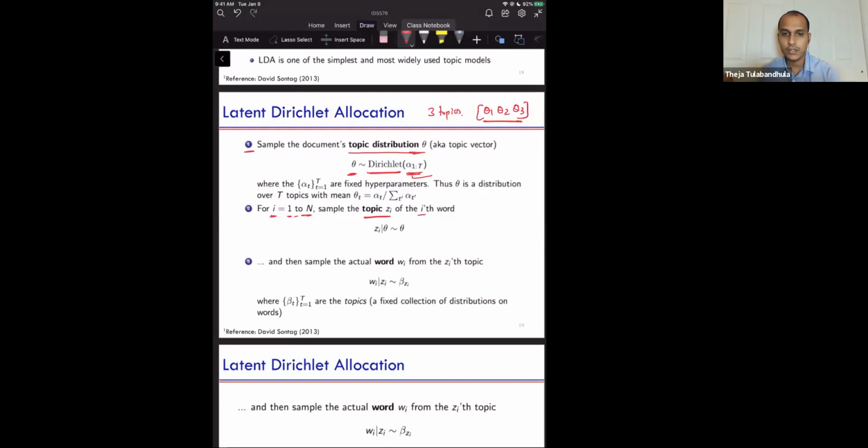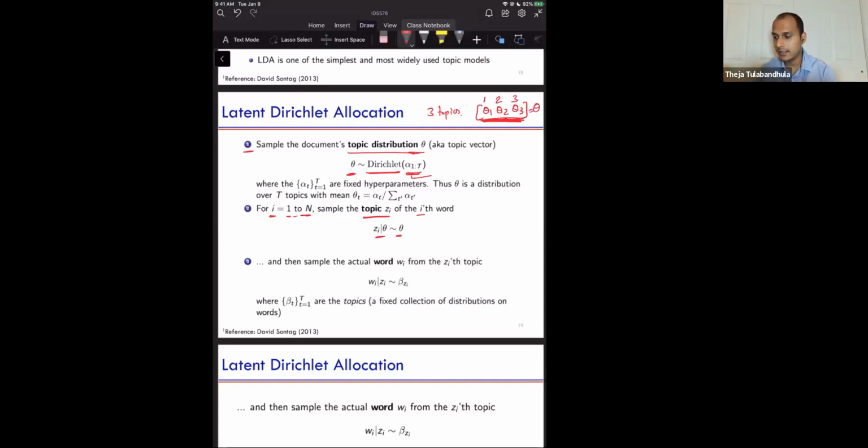For the first word, I'm going to draw a sample from theta. Remember, theta is a topic distribution. Let's say the distribution is over topic 1, topic 2, and topic 3: topic 1 with probability theta 1, topic 2 with probability theta 2, topic 3 with probability theta 3. So for the first word I draw from this topic distribution.